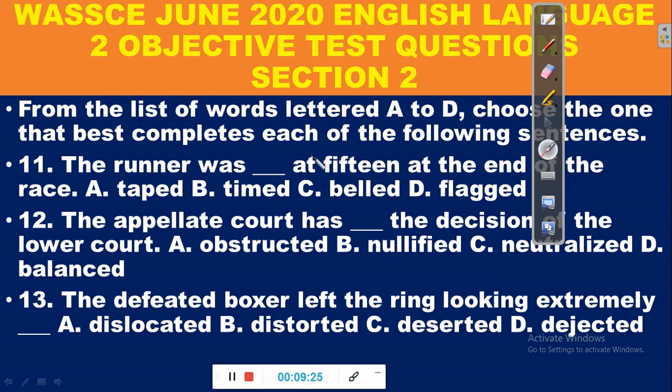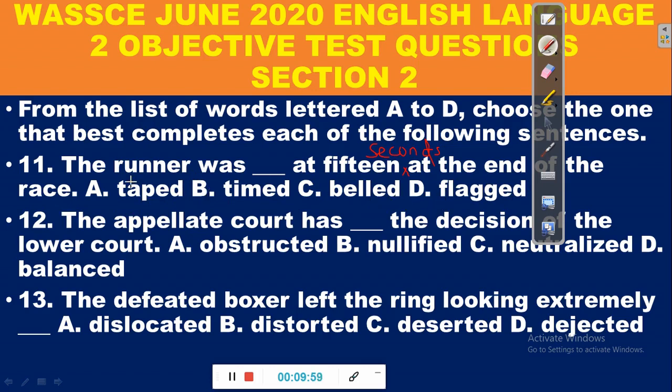Seconds is missing here, so let's put it in so that we don't get confused. The runner was dashed at 15 seconds at the end of the race. A, taped. B, timed. C, bailed.